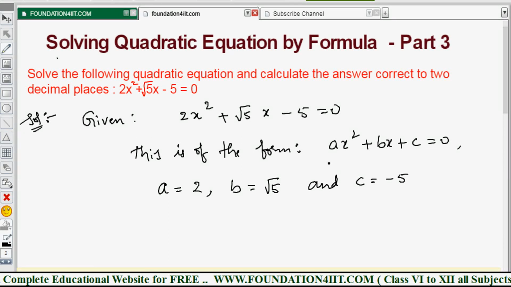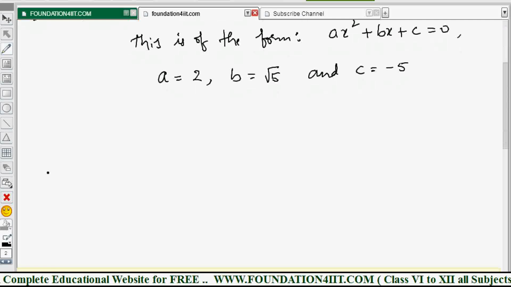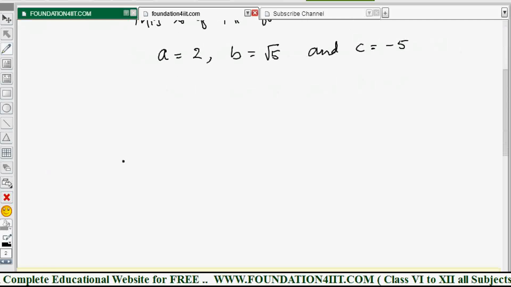Now these values you just apply in the formula, right? Once you know the a, b, c values, by the quadratic formula we have x is equal to minus b plus or minus under root b square minus 4ac divided by 2a. Just remember this.